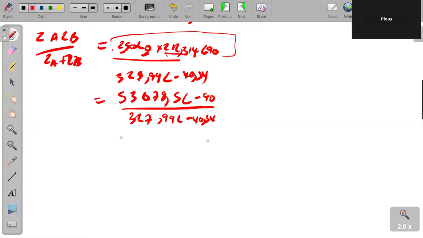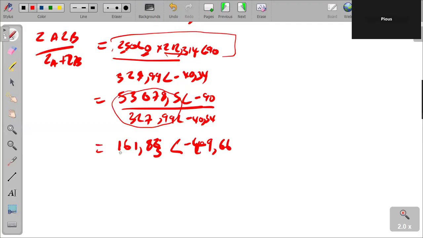Now we divide in the same sense: 53,078.5 divided by 327.99 is 161.829629, which is 161.83 to 2 decimal places, angle of minus 90 minus minus 40.34, so that gives us minus 49.66.